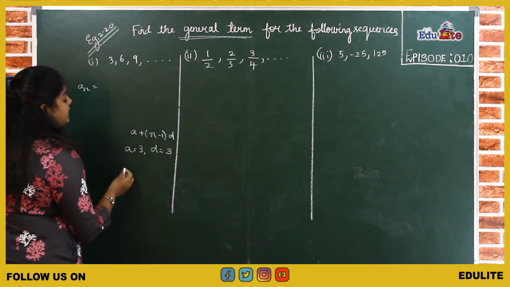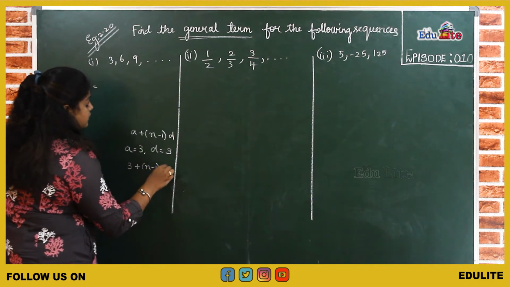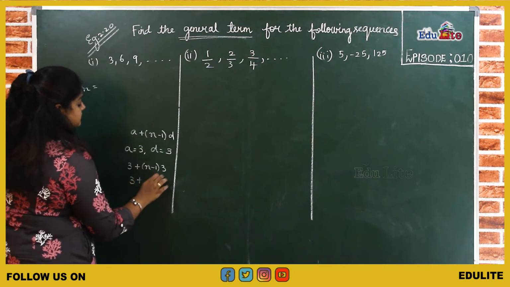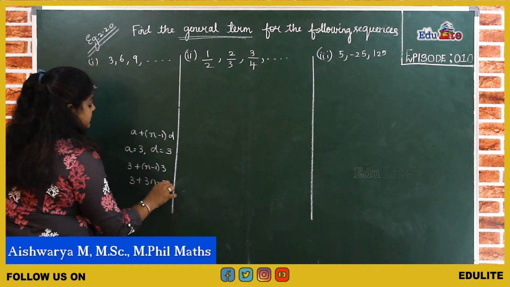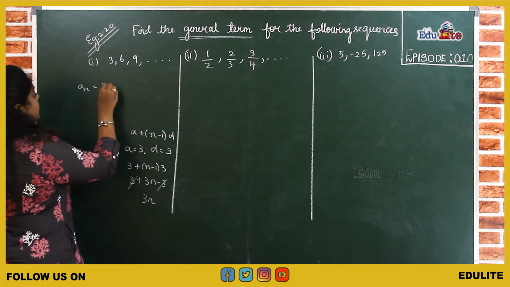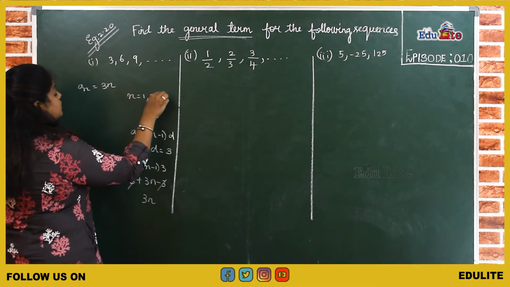So let us apply here and find the nth term. 3 plus n minus 1 into d. The d value is also 3. So therefore 3 plus 3n minus 3. 3 and 3 will get cancelled. 3n.